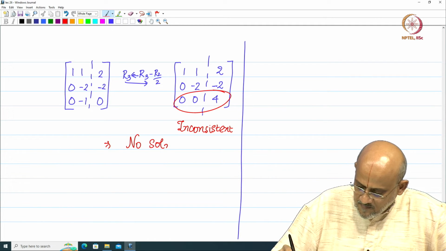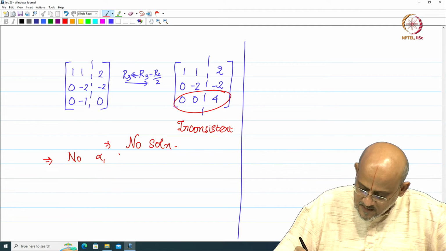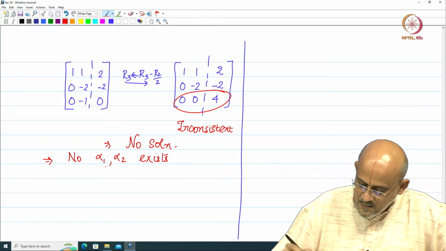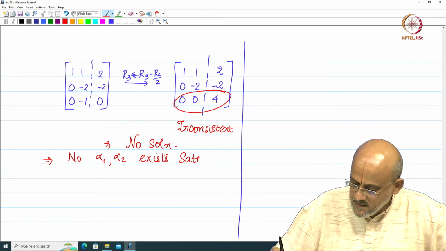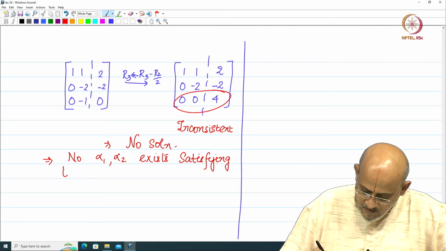That means no alpha 1 and alpha 2 exist satisfying the three equations.